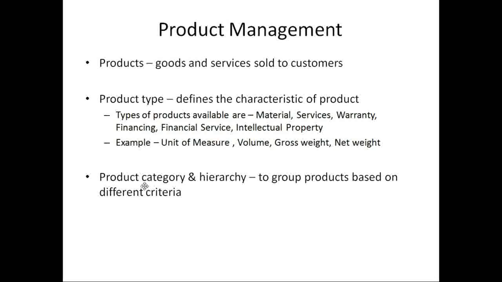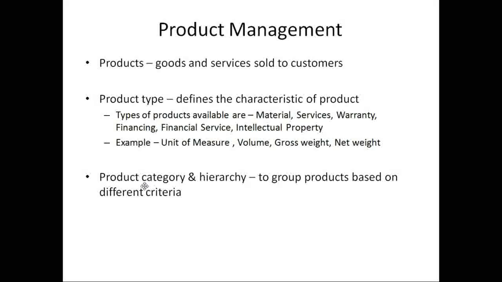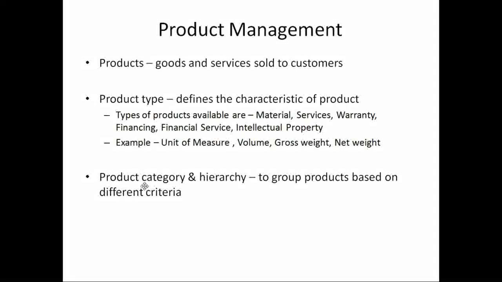So this sort of typical information about the product will be maintained under product management in SAP CRM in order to help us to use these product details in various business processes. That is in SAP CRM Marketing, in SAP CRM Sales, in SAP CRM Service.